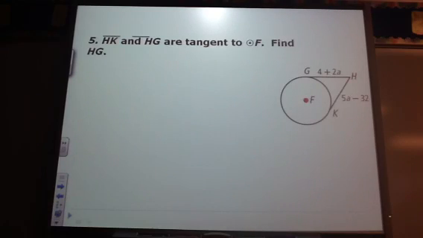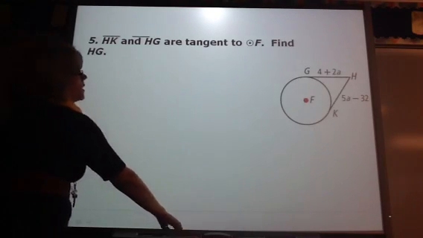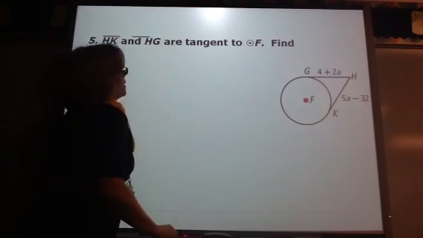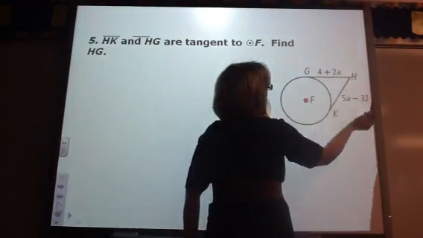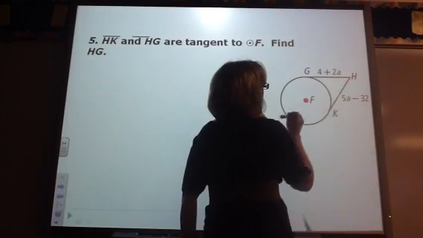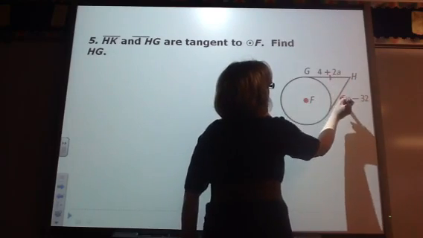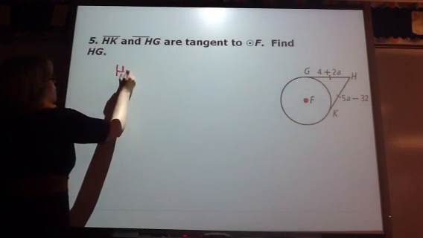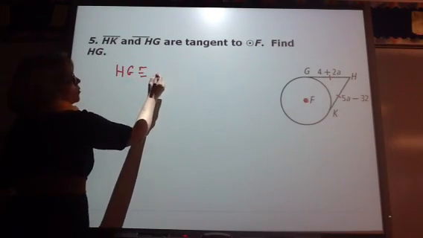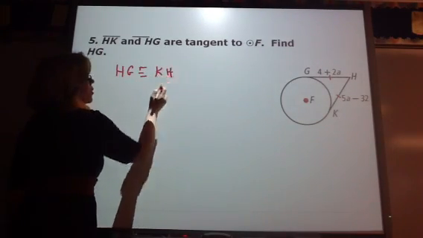All right, so we need to find HG, okay? And it's saying that GH and KH are tangent to the circle, therefore I know they are congruent from that theorem. So I know that HG is congruent to KH.